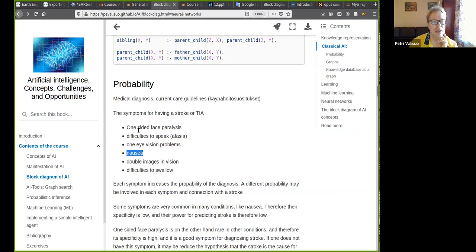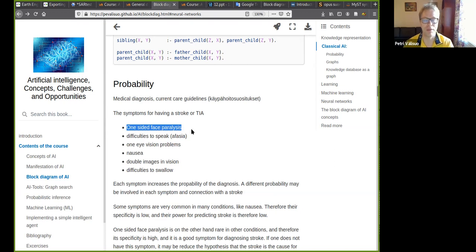But something like one-sided face paralysis is very specific to TIA, and not many other conditions can cause this. So therefore, this is the kind of primary symptom that the doctor is looking for and examining.